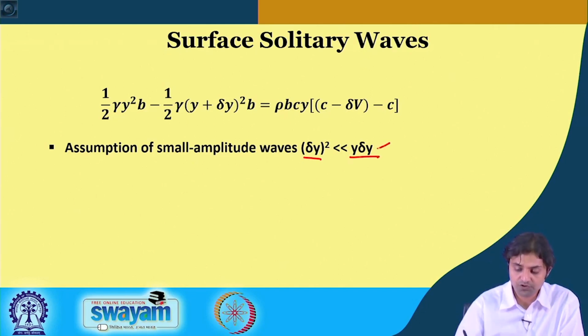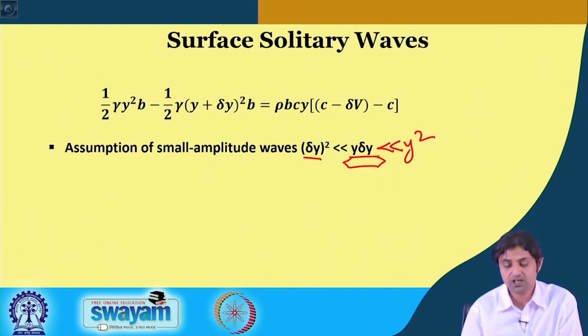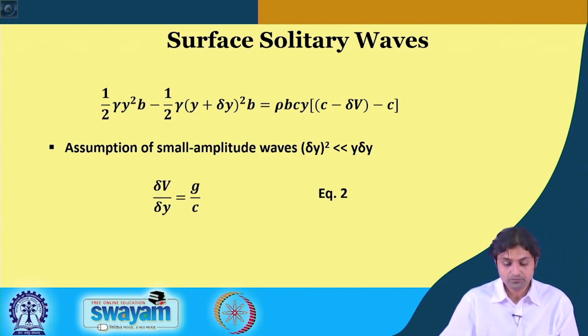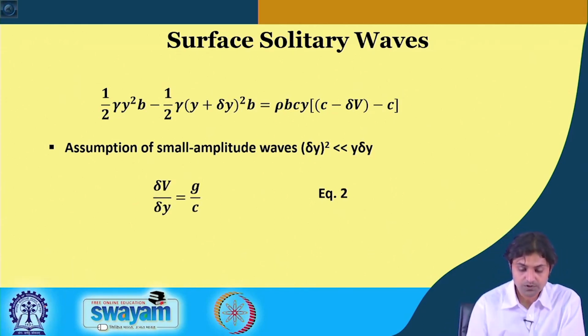That is, y delta y is much larger than delta y whole square.